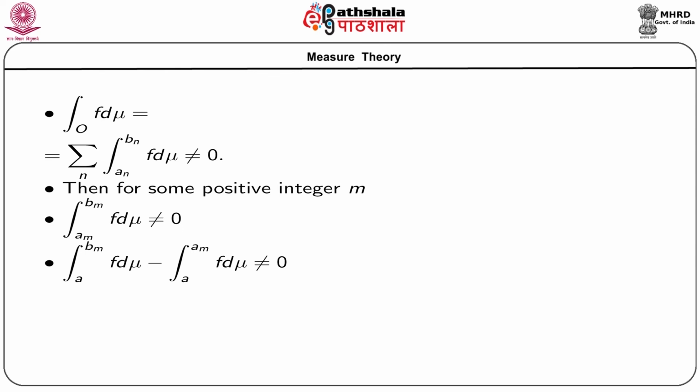But this means that the integral from a to b_m of f d mu minus the integral from a to a_m of f d mu is not equal to 0. So, the difference of two real numbers is not equal to 0. This again implies that at least one of the two real numbers should be not equal to 0.